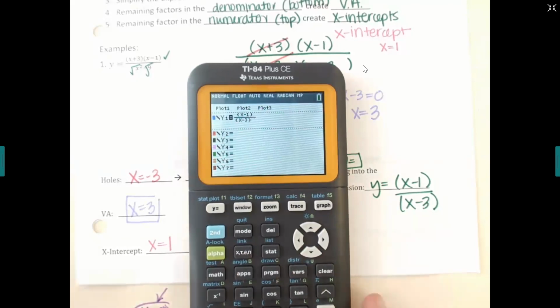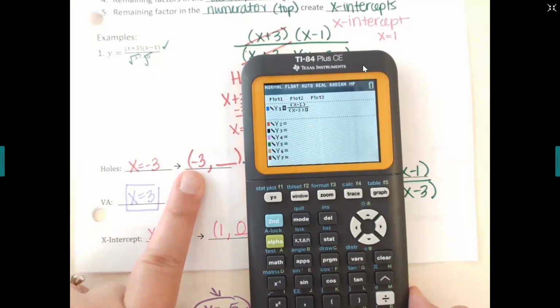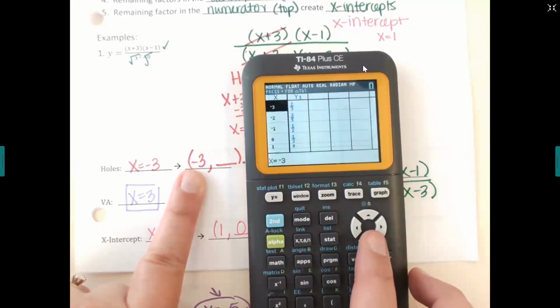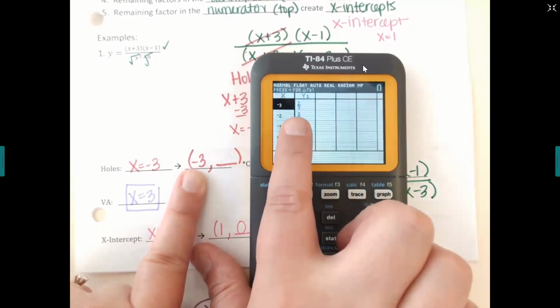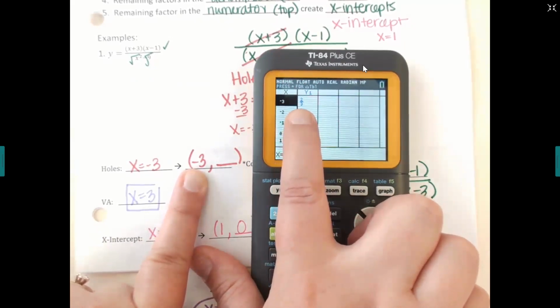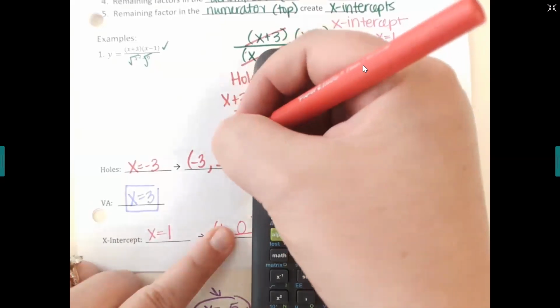From there, I'm looking for the y value that goes with -3. So then I'm going to go into the chart using second graph. And then I'm going to find -3's partner. Do you see it right here? -3 comma what? 2/3. Okay.